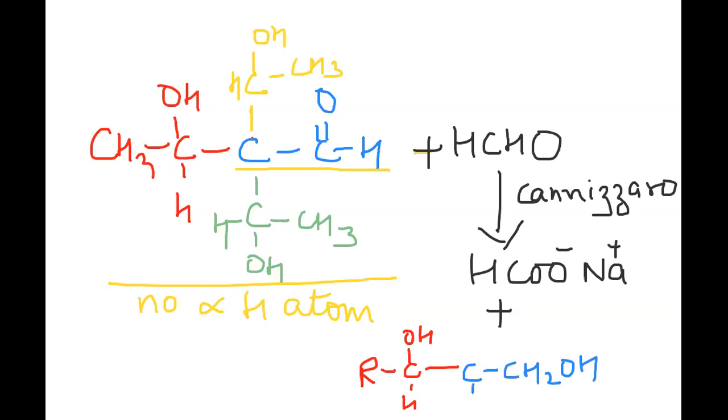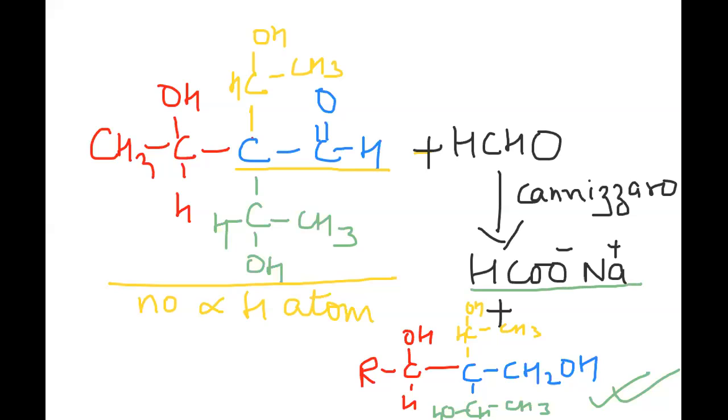All the attachments will have the alcohol group. This is CH3 and it's going to be OH, and this one is also going to be C, CH3 and an OH, and an H is there and an H is here also. So you see, this has undergone reduction to form the alcohol, whereas it is the formaldehyde which has undergone oxidation to form the sodium formate.